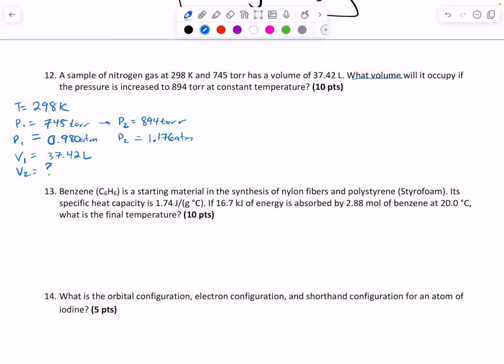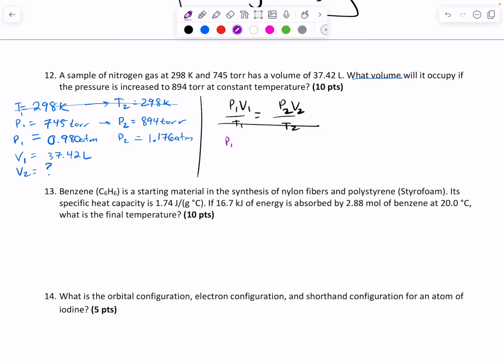And it's at a constant temperature. So T1 equals T2, which is 298 Kelvin, which means they're essentially going to cancel out. So if I have my combined gas law, P1 V1 over T1 equals P2 V2 over T2, my T's are constant, so they're going away.